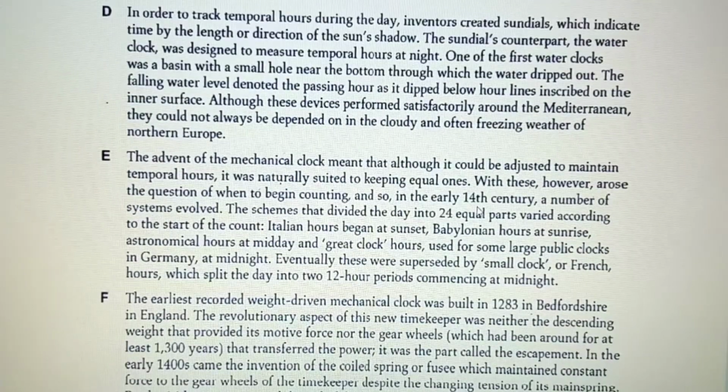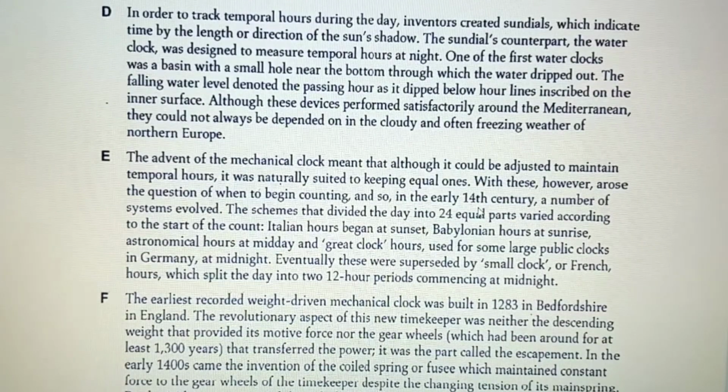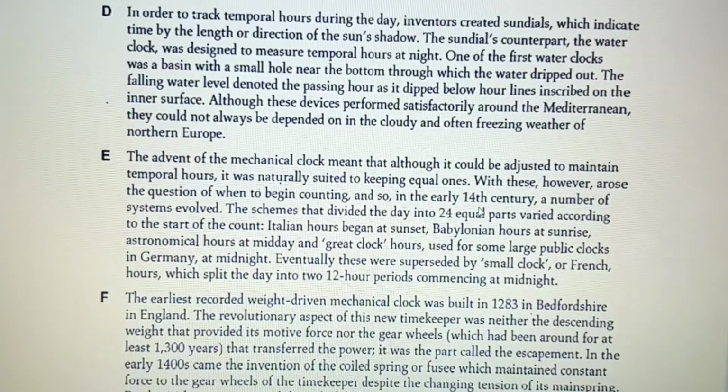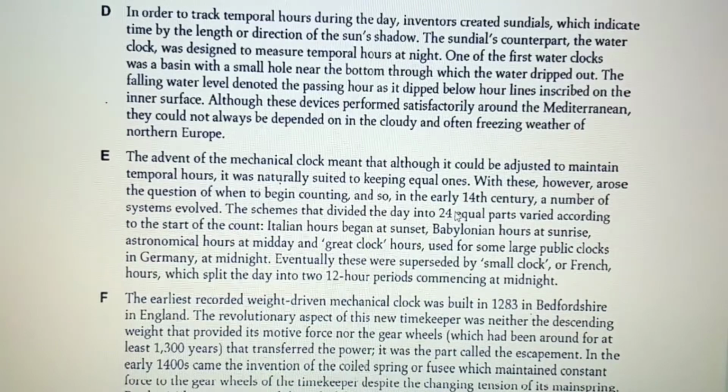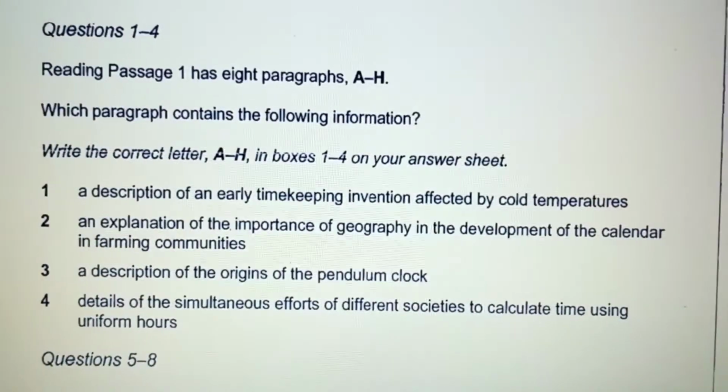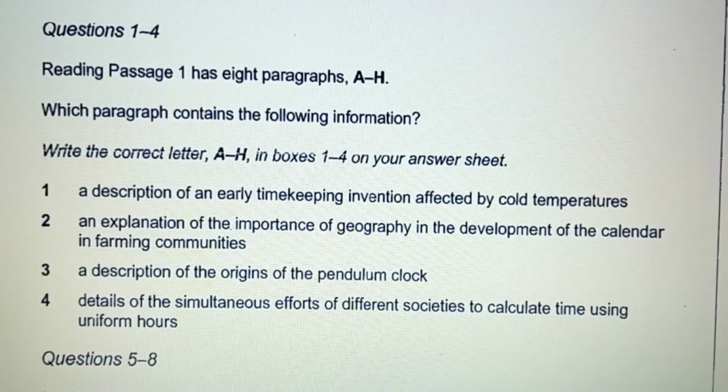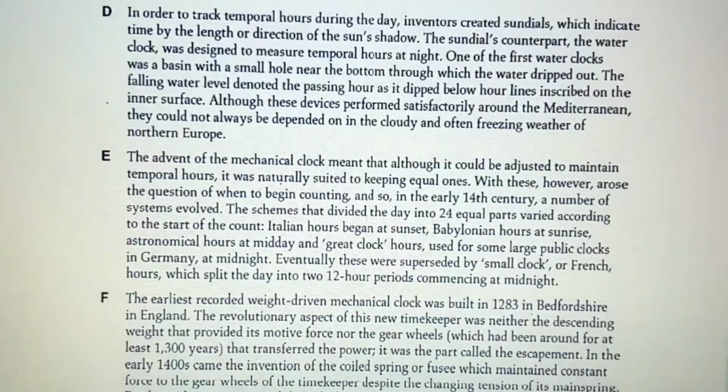The next answer that we'll find is paragraph E, which gives us the answer to question 4. And what does question 4 say? It talks about details of the simultaneous efforts of different societies to calculate time using uniform hours. So you look for where they talked about different societies.